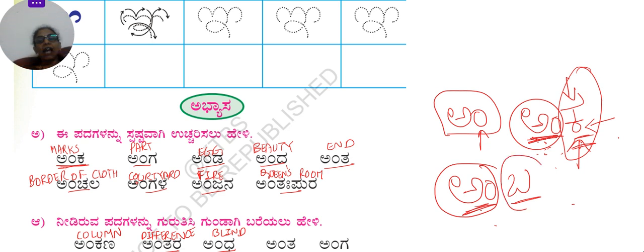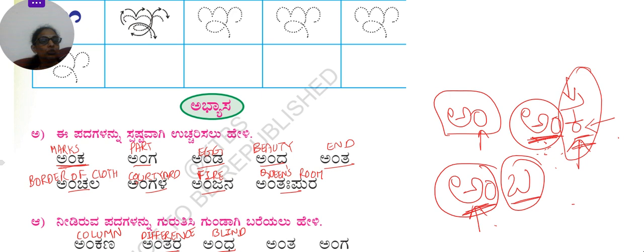But if the alphabet is such that like ba or pa, where the lips touch one another, then only you will pronounce this as amba. This pronunciation depends upon the alphabet which follows. So please remember this.